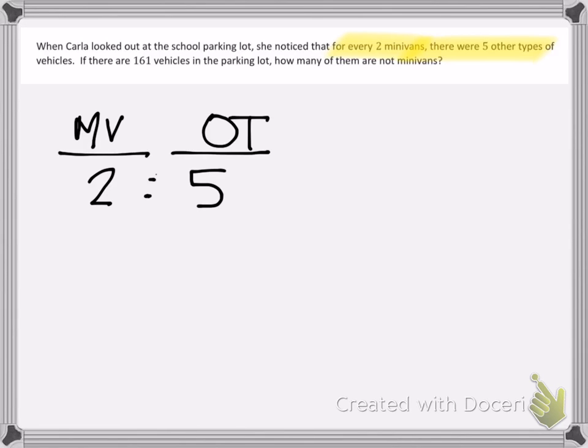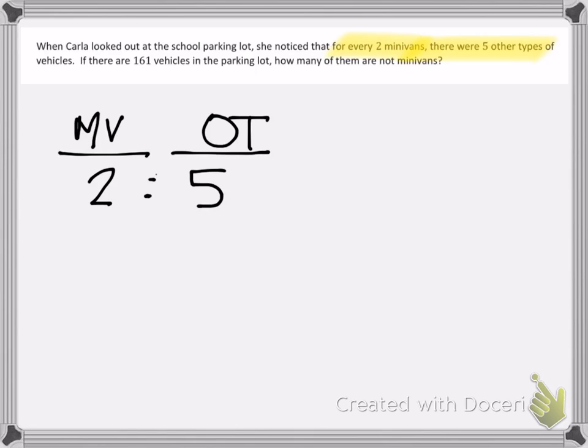The rest of this story tells me if I need to add to get a different value or subtract. So let's read the rest. If there are 161 vehicles, well, that means minivans and other types.